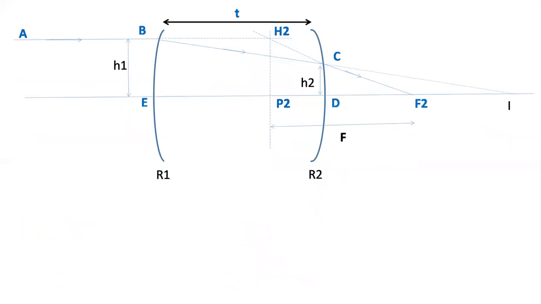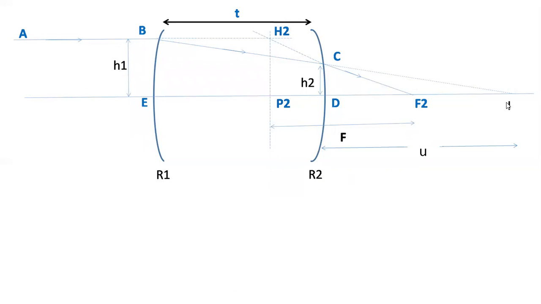Now you have to consider the second spherical surface. You have to write the refraction formula for the second spherical surface. For that, here I is nothing but the image formed by the first spherical surface. That image formed by the first spherical surface acts as the object for the second spherical surface.